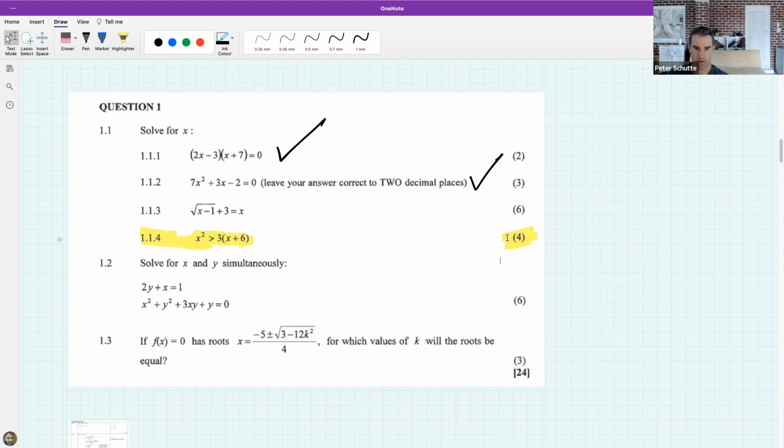But let's start with 1.1.4. See what techniques you can remember from earlier in the lesson.